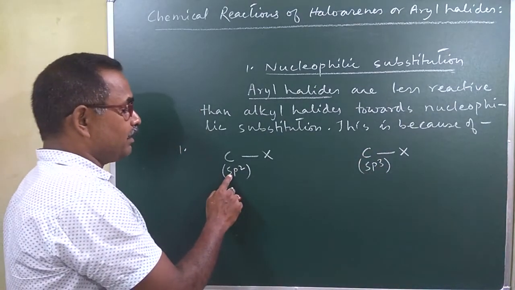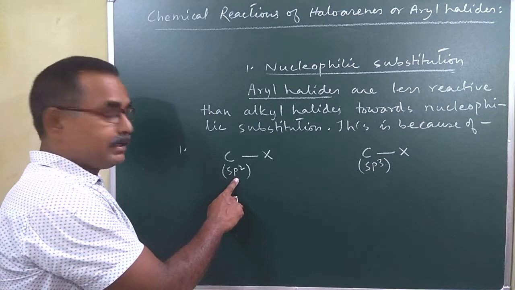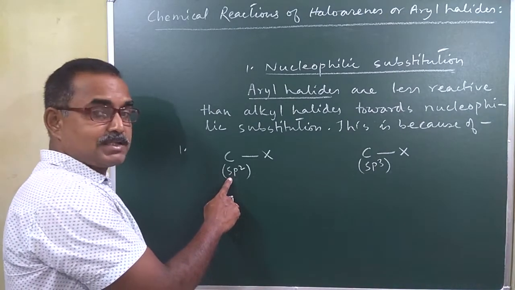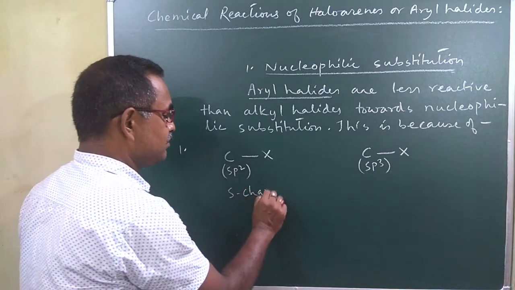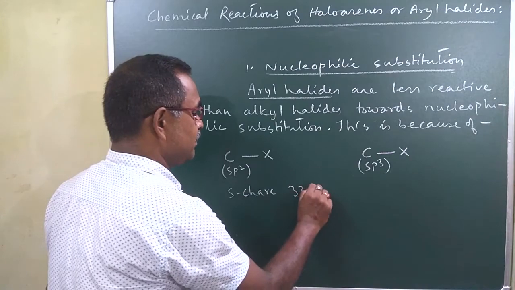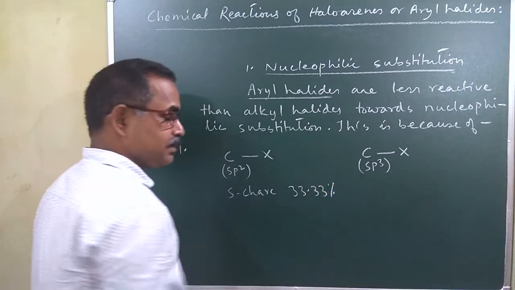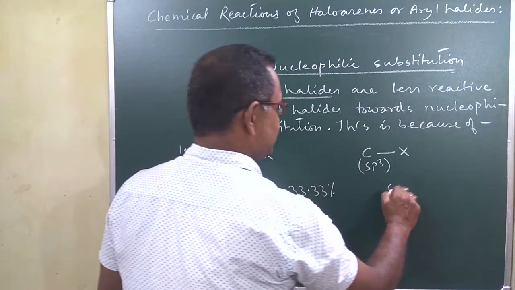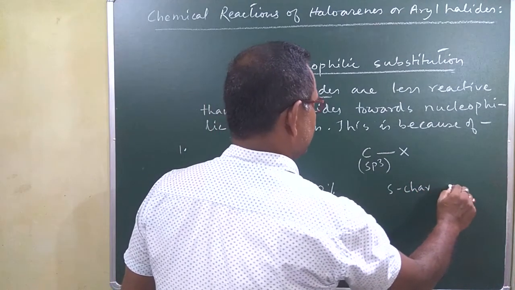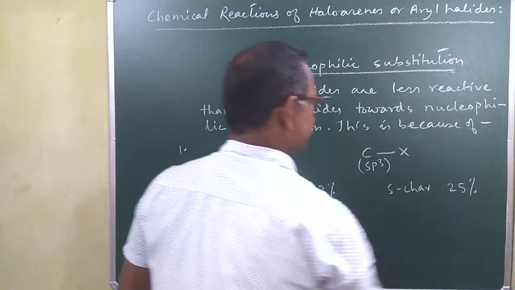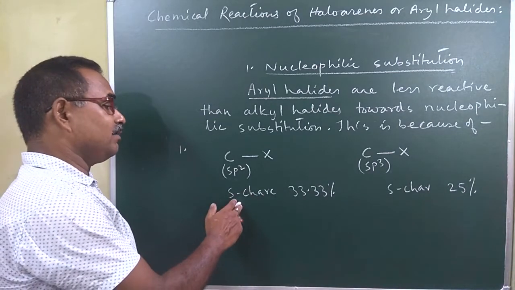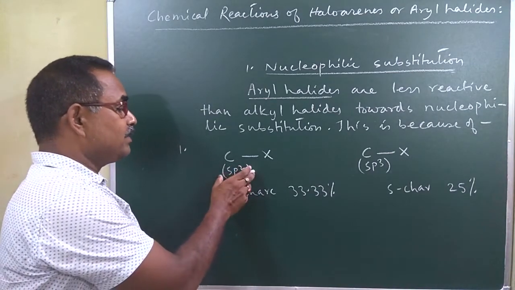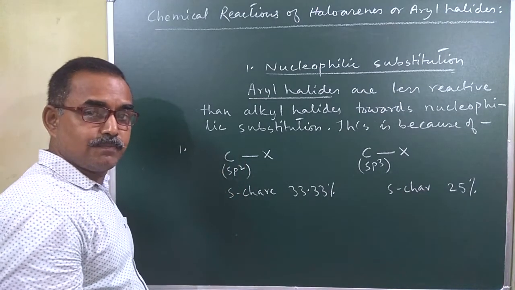We know that in case of sp2 hybridization, there is higher S character. Here S character is 33.33%, but in this case S character is 25%. Again, with increase in S character of hybrid orbital, electronegativity of carbon increases.